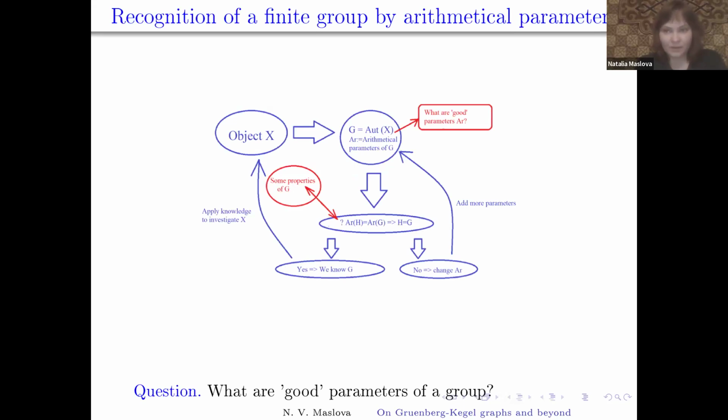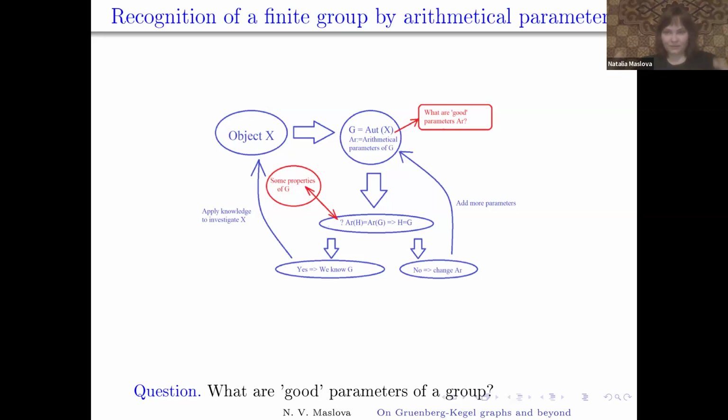For example, some arithmetical properties, so-called numerical properties, of the homomorphism group of this object. For example, you consider the lengths of orbits, or element orders, or any other arithmetical characteristics.